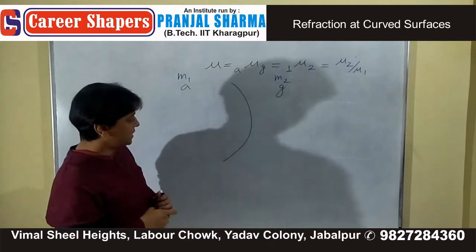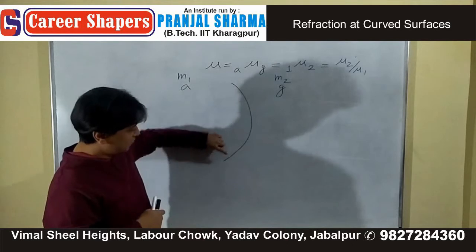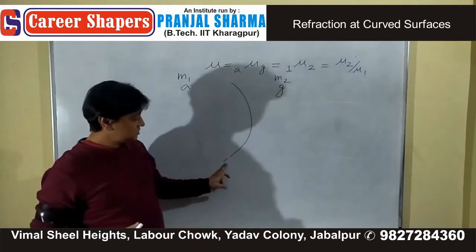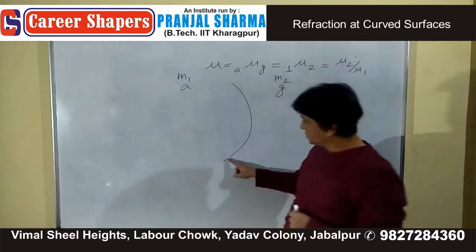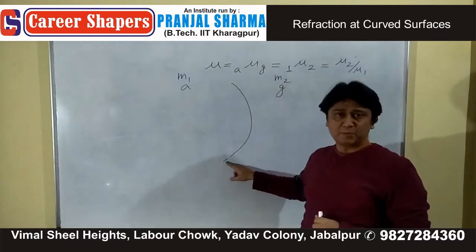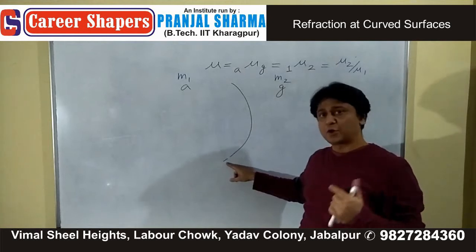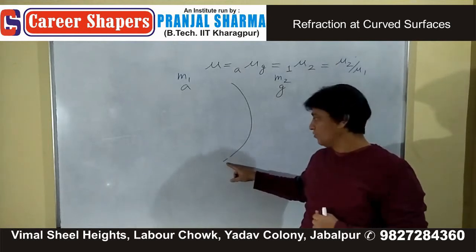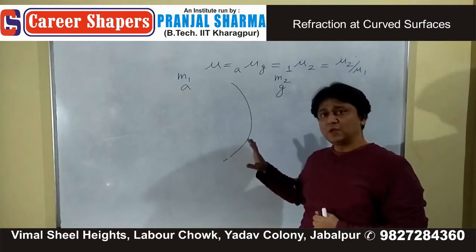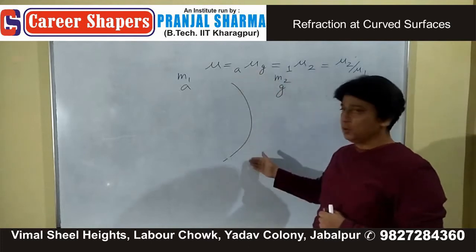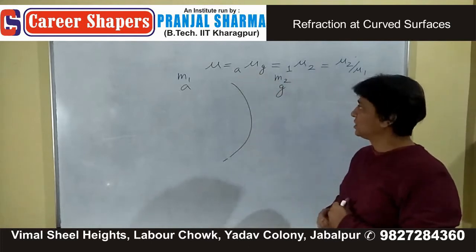If you take a very small portion of this curved surface, then this small portion is simply a flat or plane surface. And whatever concept we have developed so far for refraction at plane surfaces is still applicable even though the whole surface is a curved surface.